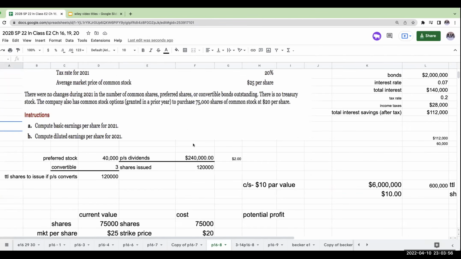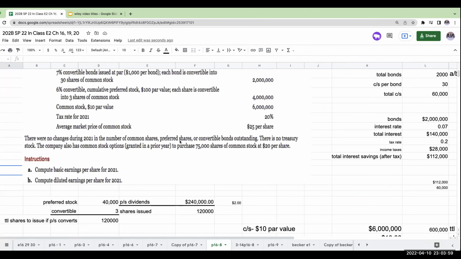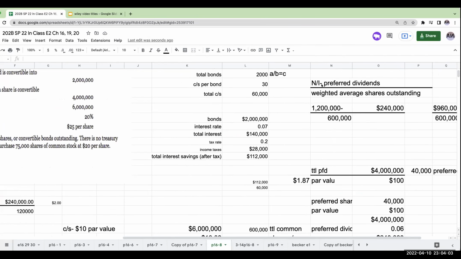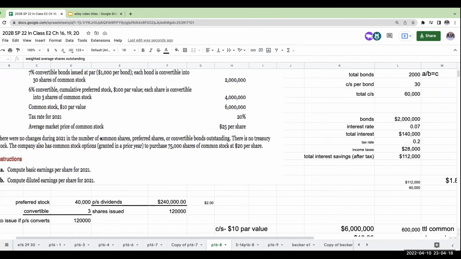So let's take a step back for a second. First thing we did was compute basic earnings per share: net income minus preferred dividends, divided by the weighted average shares outstanding. Then we started with the most dilutive security, which is the issuance of stock options. These options are in the money because they're at $20 per share as opposed to the market price of 25.